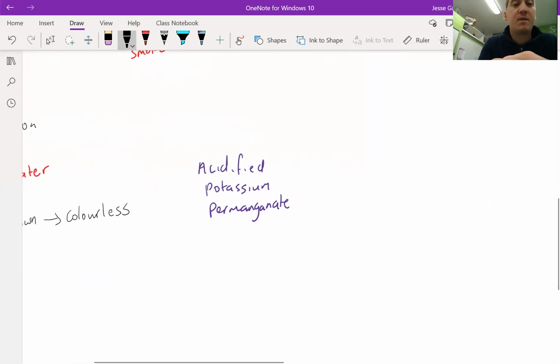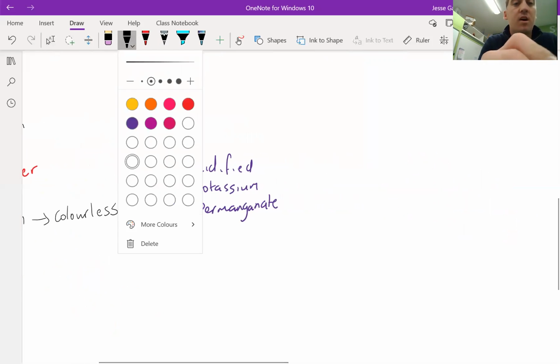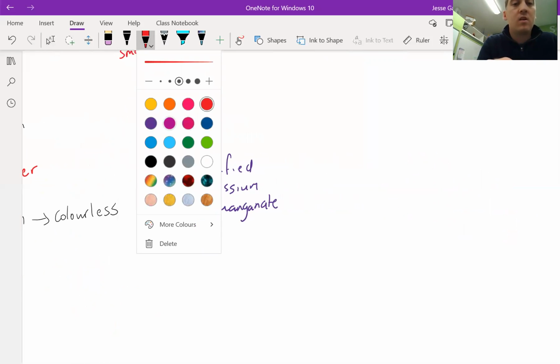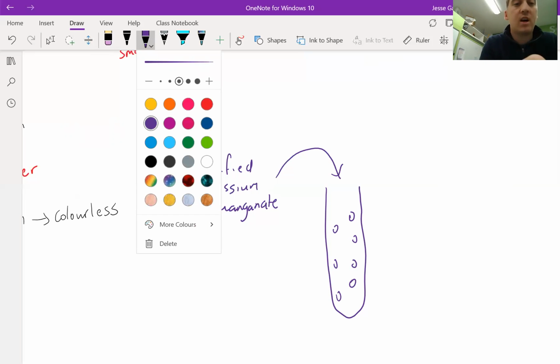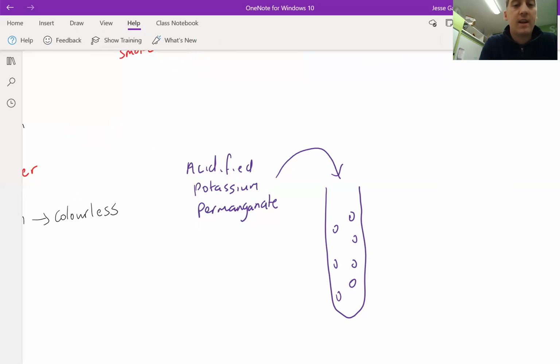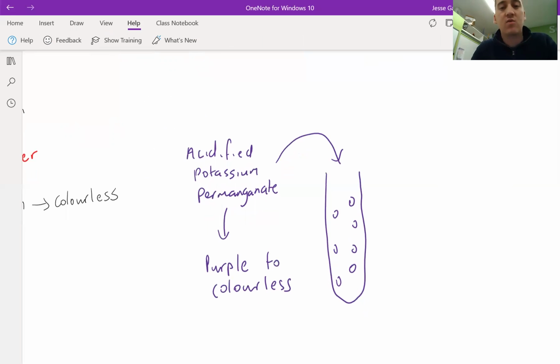The acidified potassium permanganate works using a similar idea. We add it into the Ethine. So we've got another test tube of Ethine that we've collected. And if it does react with an unsaturated compound like Ethine, then again, it changes from purple to colorless, showing that it has reacted with an unsaturated compound.